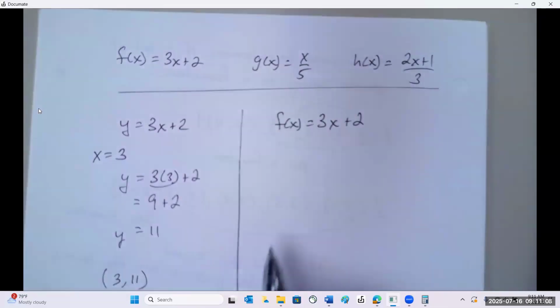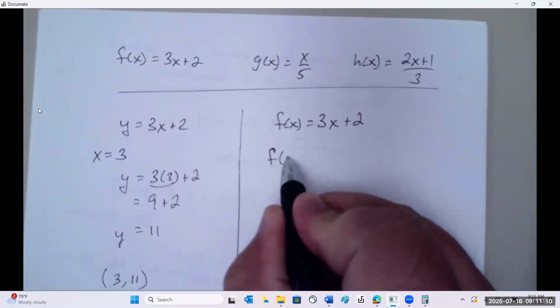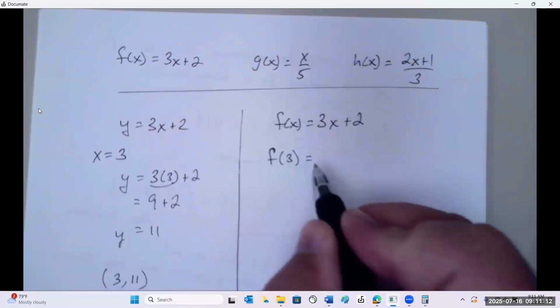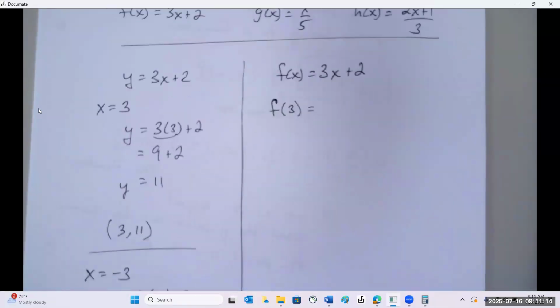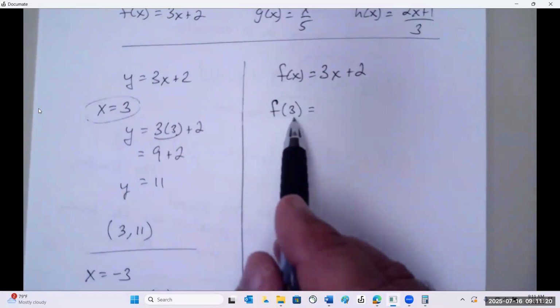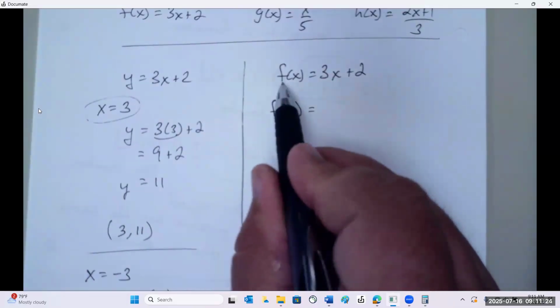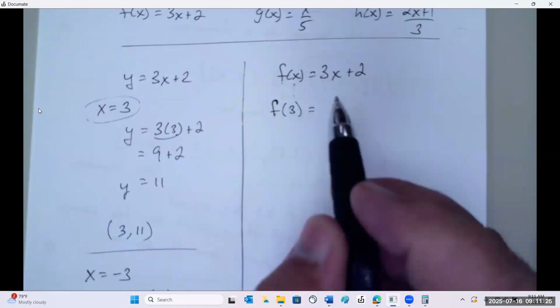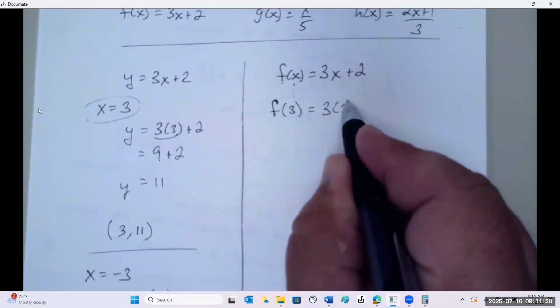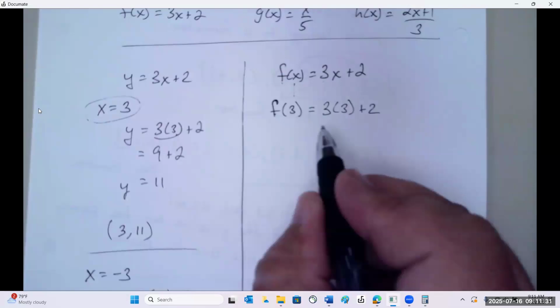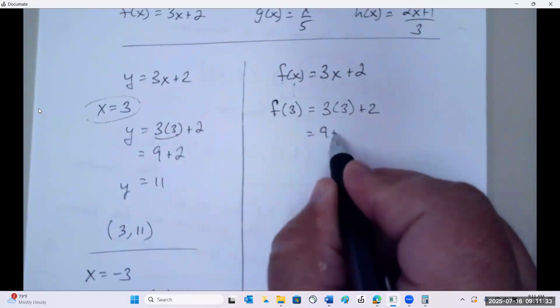Now, using functions, all I have to do is define x inside the parentheses. I don't have to write the equation x equals 3. I define x this way. So I go to this function name, this is f. Anywhere I see an x, I put a 3, and I work it out.